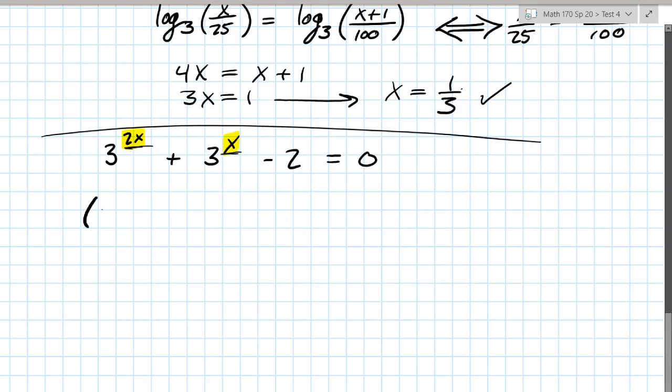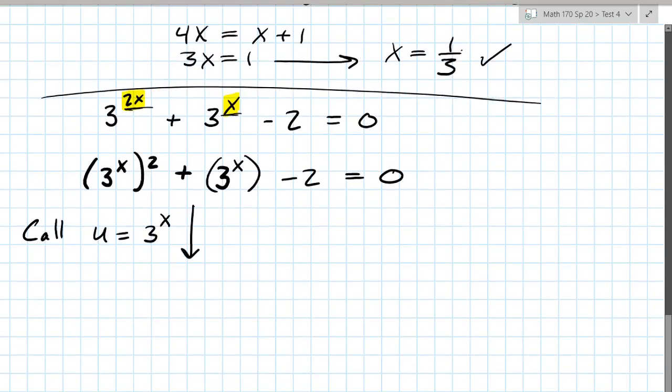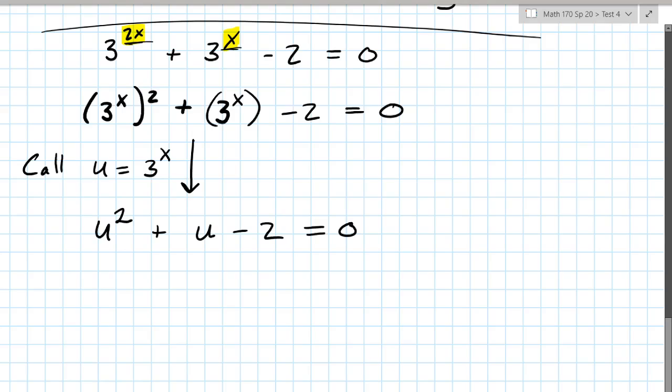So the way we're going to do it is we're going to think about 3 to the x squared plus 3 to the x minus 2 is equal to 0. And what we want to see is if we call 3 to the x a different letter, u, then what we get from this is u squared plus u minus 2 equals 0, and it looks like we have something that can factor.